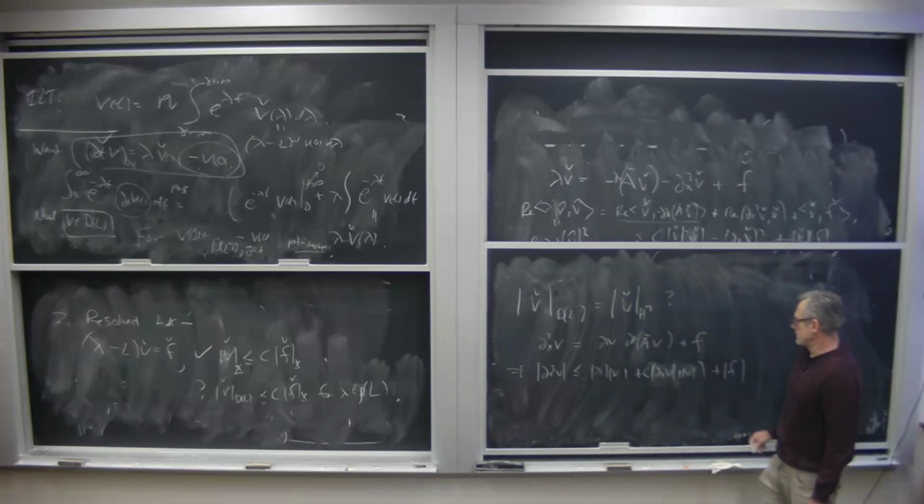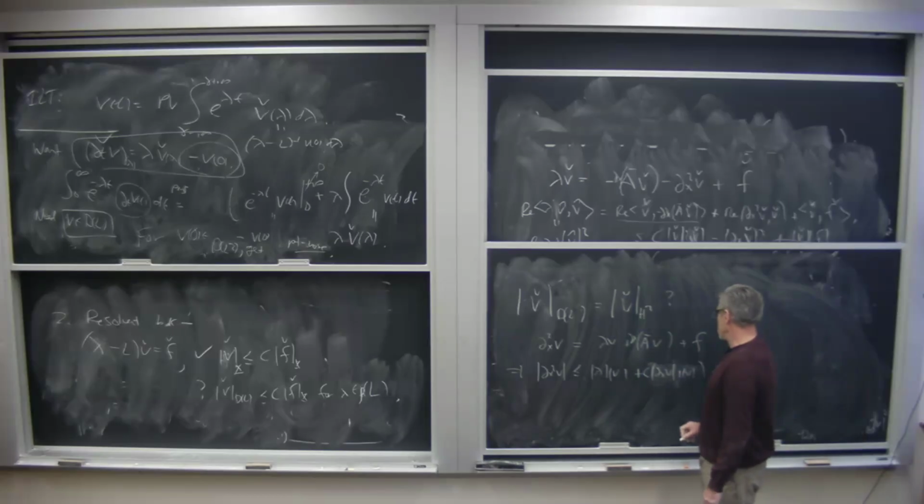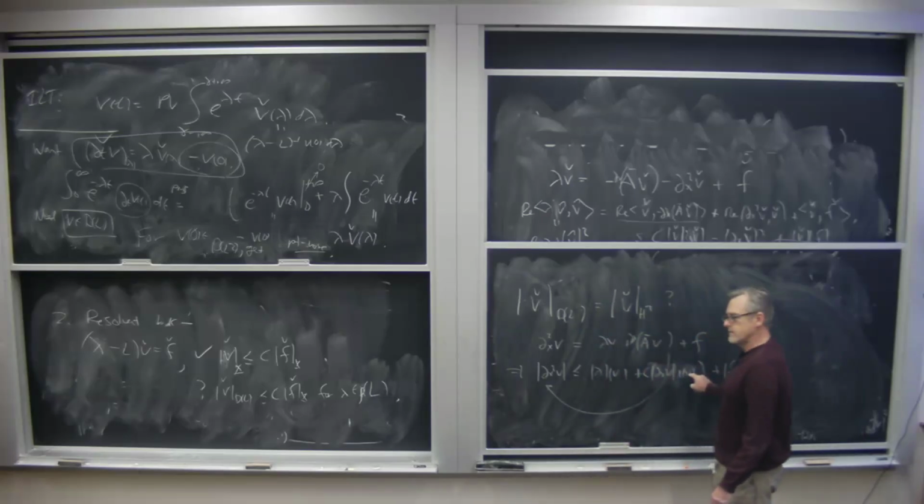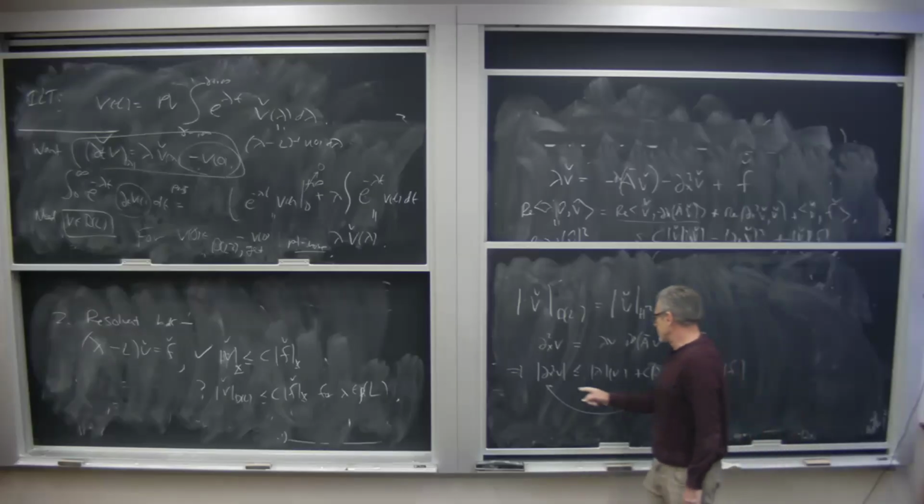And I can use Sobolev interpolation again to absorb that over here at the cost of a further constant. I've already bounded this L2 norm, and F is another thing that I am allowed to bound. That gives me a bound.